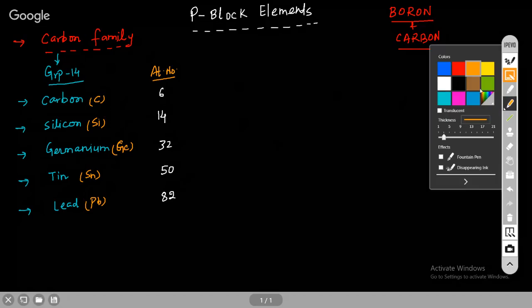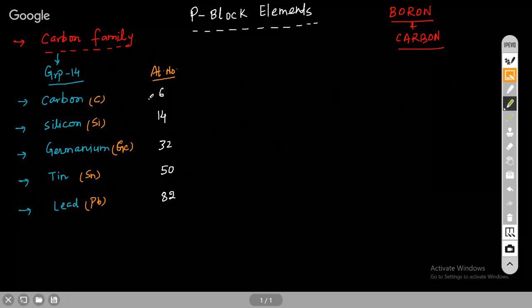So the magic number here: this difference is 8, then this difference is 18, 18, and here we have 32. So magic numbers of P block are 8, 18, 18, and 32.